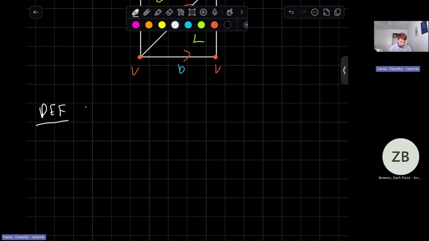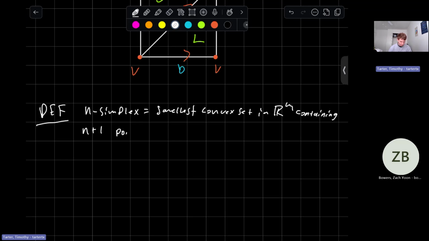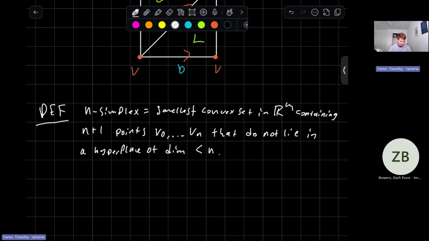So, definition: an n-simplex is the smallest convex set in R^m containing n plus 1 points v_0 through v_n that do not lie in a hyperplane of dimension less than n.